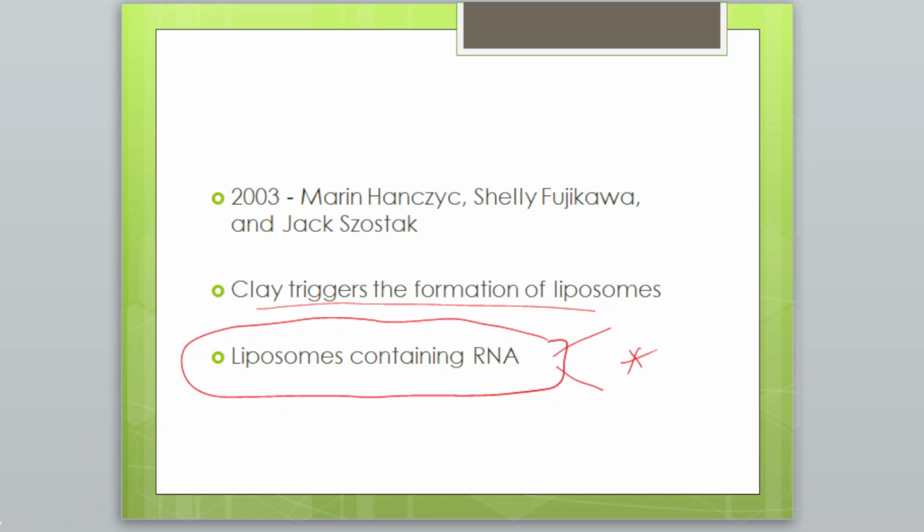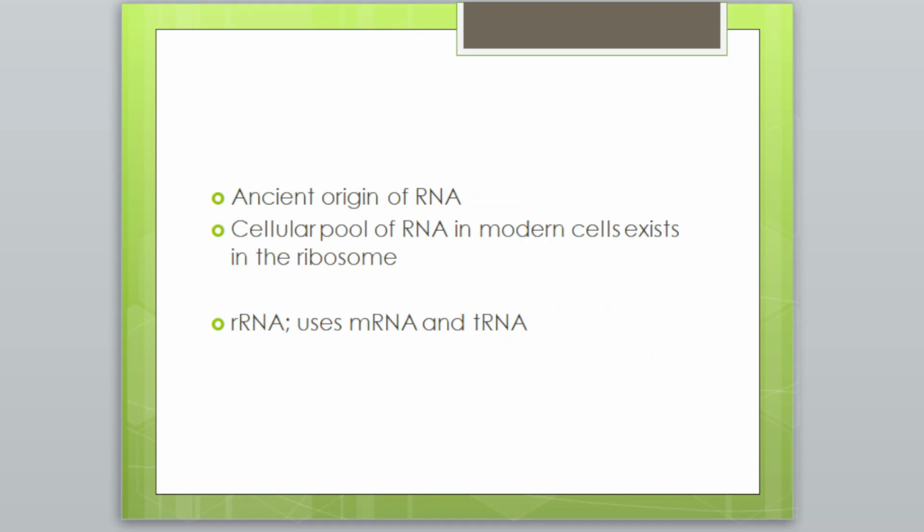Now, apart from its ability to perform catalytic activities, the function of RNA suggests its ancient origin. Consider that much of the cellular pool of RNA in modern cells exists in the ribosome.